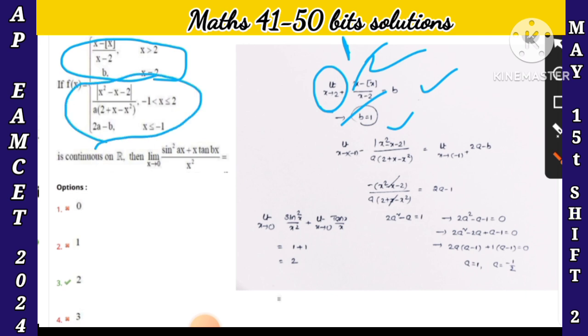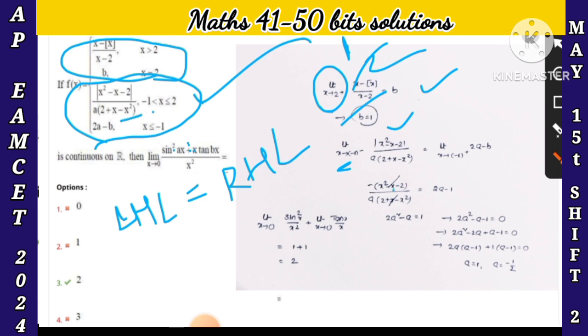So again from the second function, this is also continuous, that is left hand limit is equal to right hand limit, that is limit x tends to minus 1 minus. Left hand limit means you have to take the first function, right hand limit means you have to take the second function.